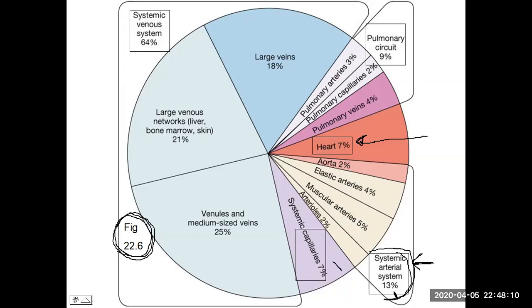The capillaries are, of course, extremely tiny and small in size. And overall, the pulmonary circuit, the blood vessels for the lungs, again, that's a relatively small amount of blood vessels. So it's here in the systemic venous system, the veins all around our body. This is where the large percentage of blood is located at any given time.